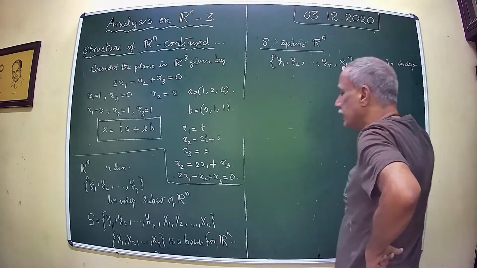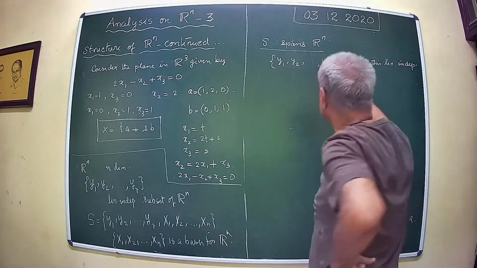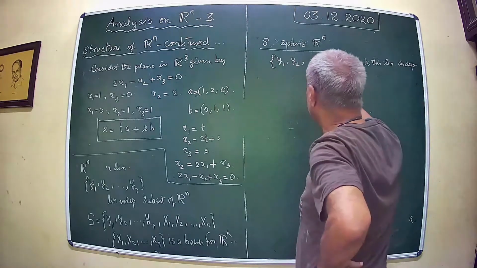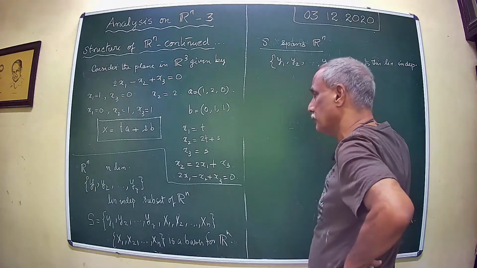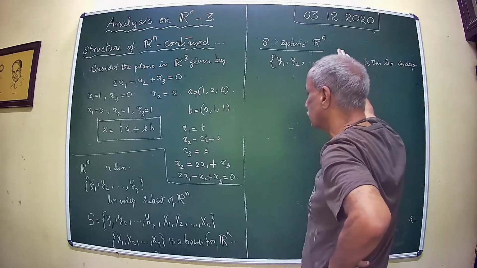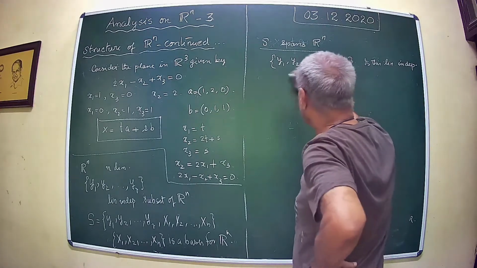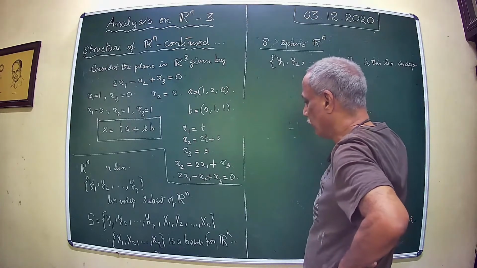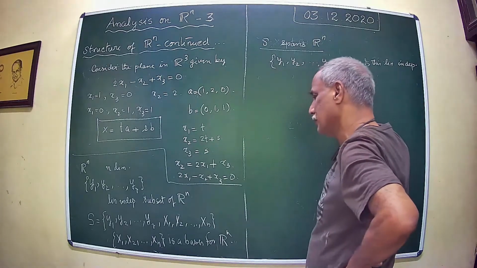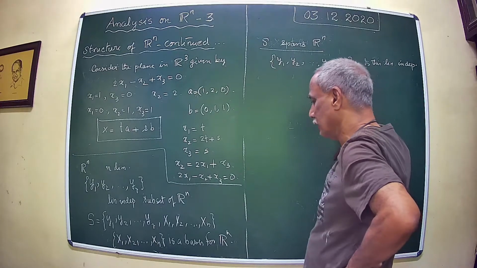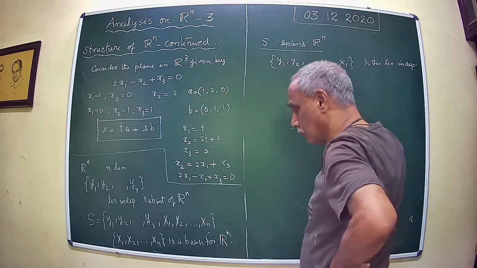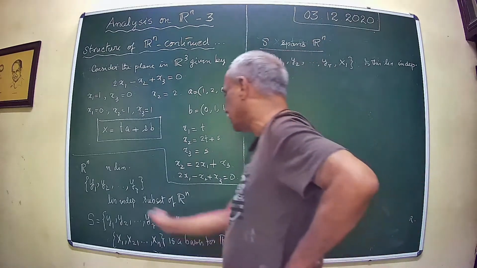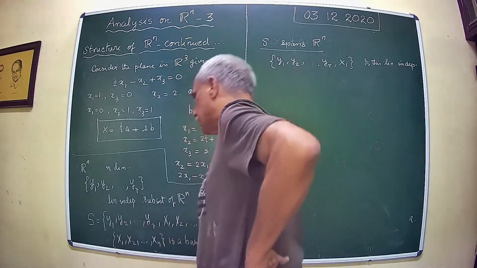If it is linearly dependent, then it means that x1 can be written as a linear combination of y1, y2, etc., yr. In that case, you don't need this. Then you take y1, y2, etc., yr, drop x1, and put x2 in, and check whether it's a linear combination of these elements.